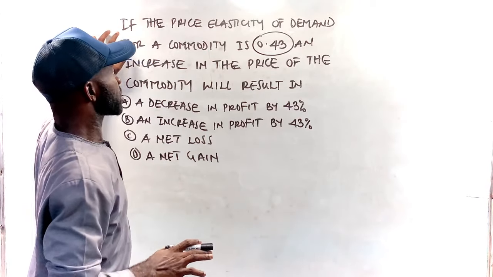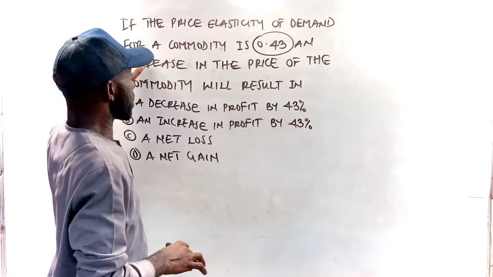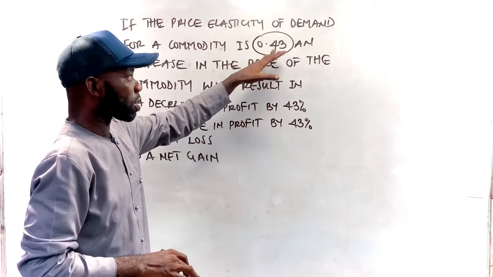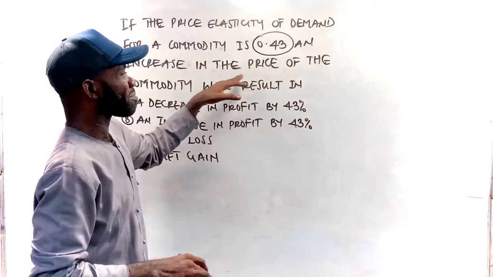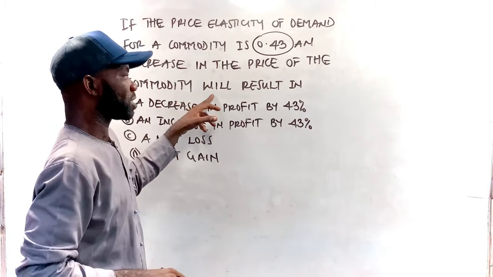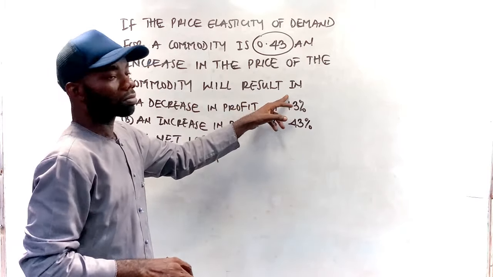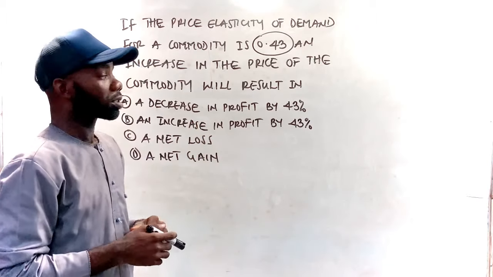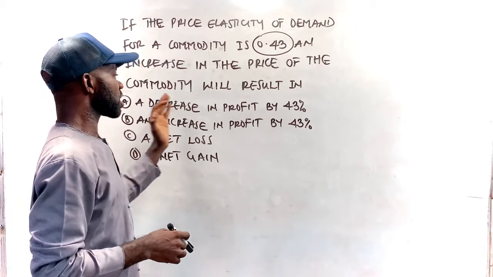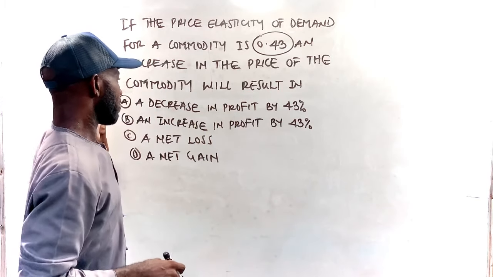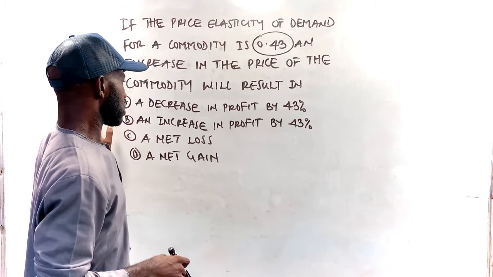Now this question says, if the price elasticity of demand for a commodity is 0.43, an increase in the price of the commodity will result in what? Option A, a decrease in profit by 43%.